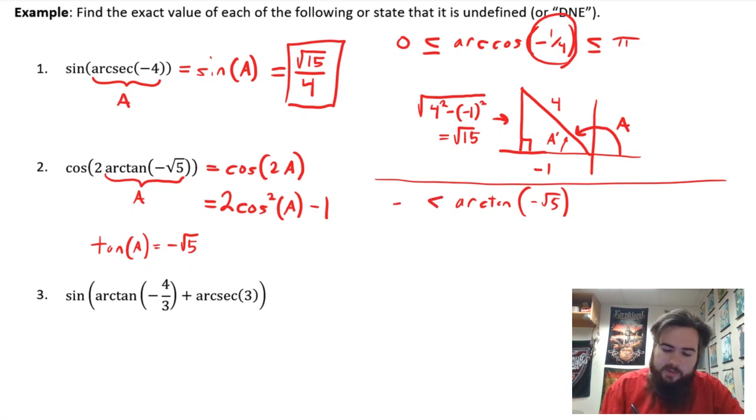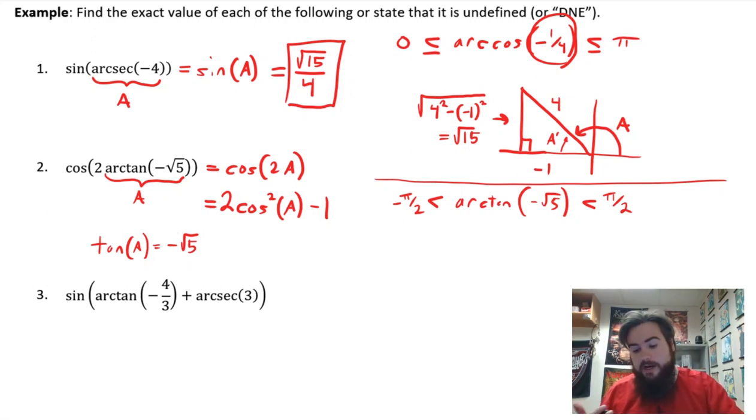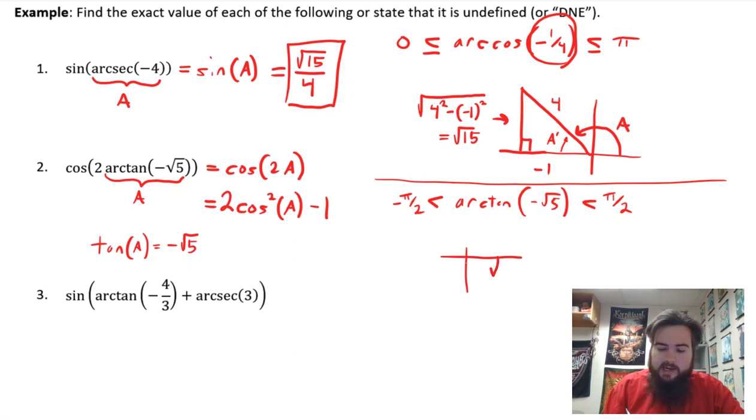It is defined between negative pi halves and pi halves. Because this is a negative ratio, it can't be between 0 and pi halves. It would have to be between negative pi halves and 0. Meaning I need to draw this triangle down in quadrant 4. So our angle measure A would be a negative angle measure that results in something in quadrant 4.